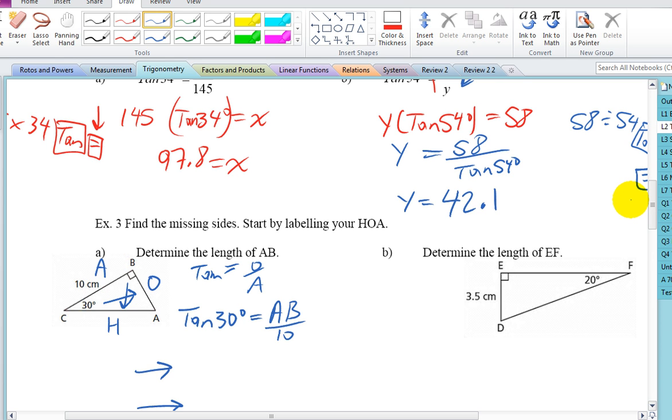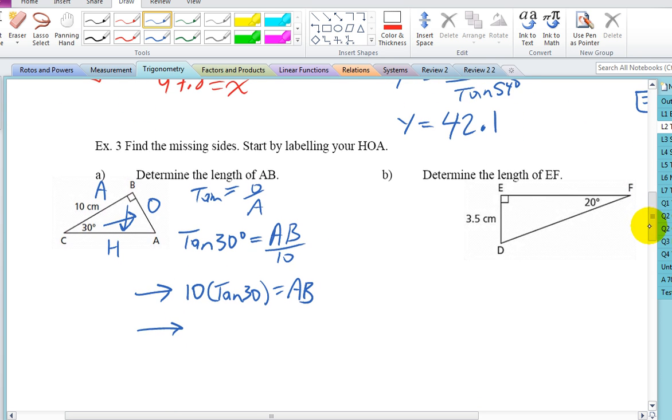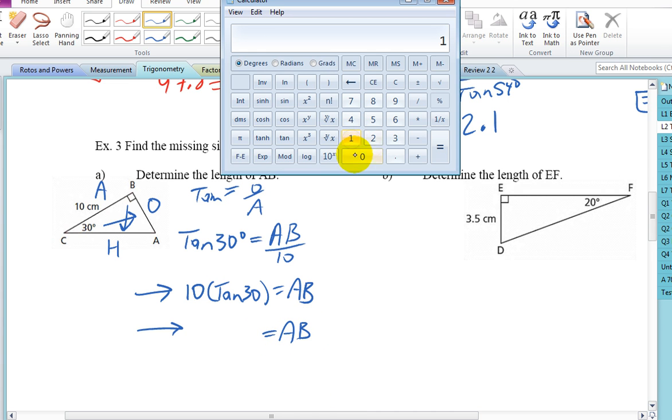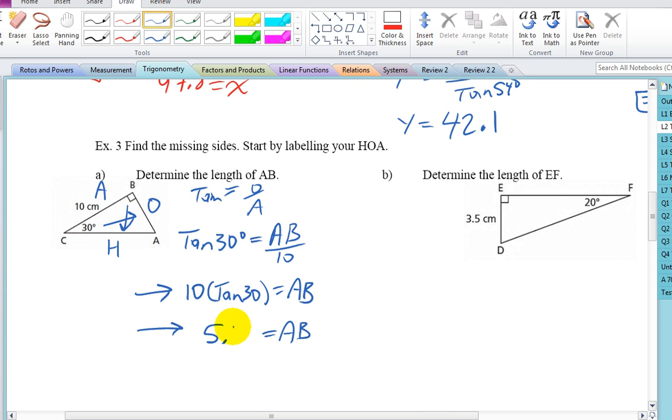Instead of dividing by 10, bring it up and multiply by 10. So she had 5.77, which rounds to 5.8.